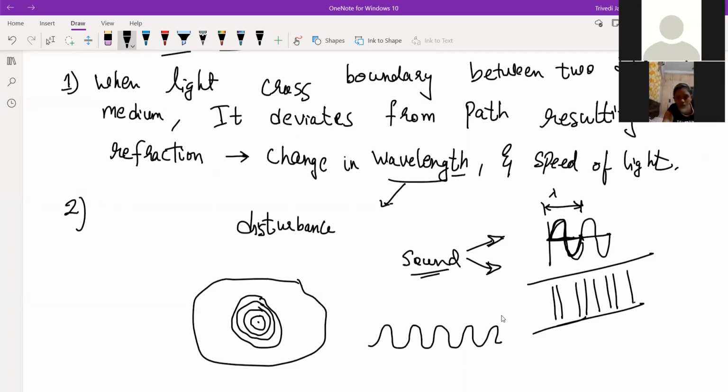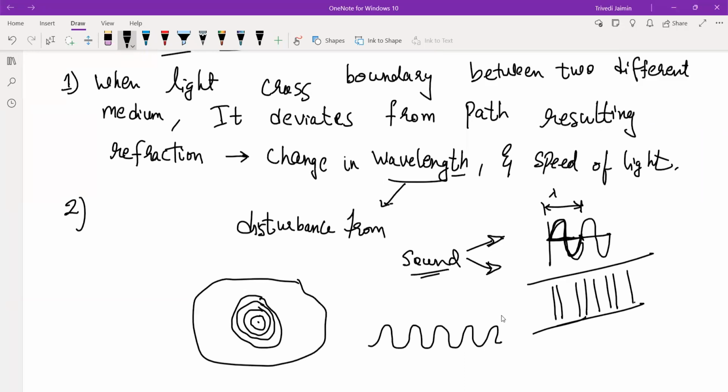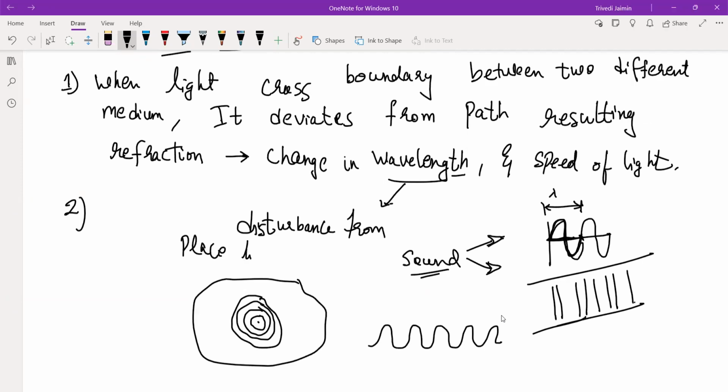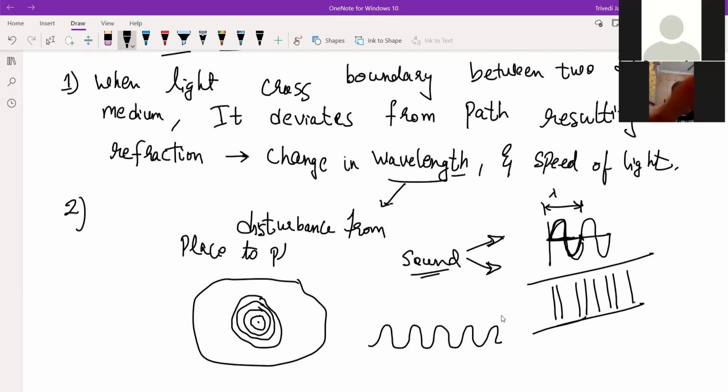So what is it? It's a disturbance from place to place. It is regular, right?